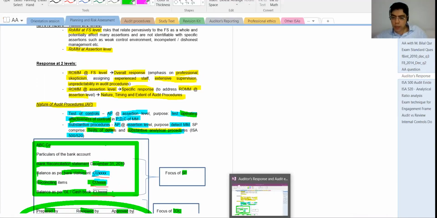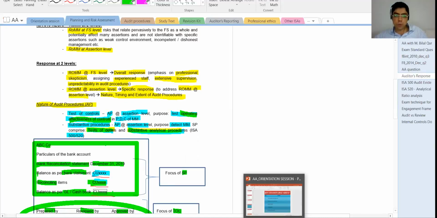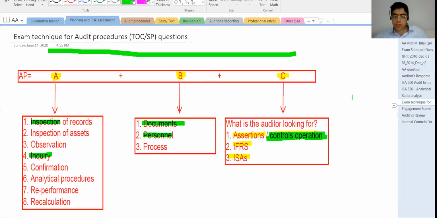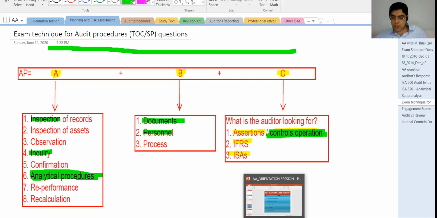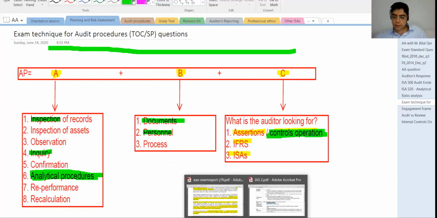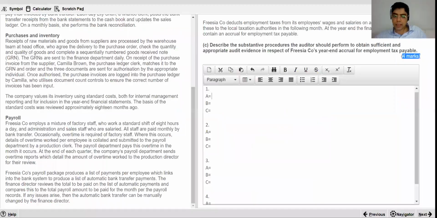So I'm quickly going to now take you back to the exam technique. There's something analytical procedures over here. I'm first going to pick this up. So whenever you have to perform analytical procedures, how would you perform analytical procedures?